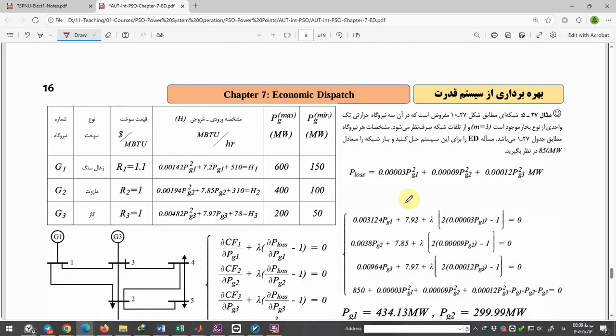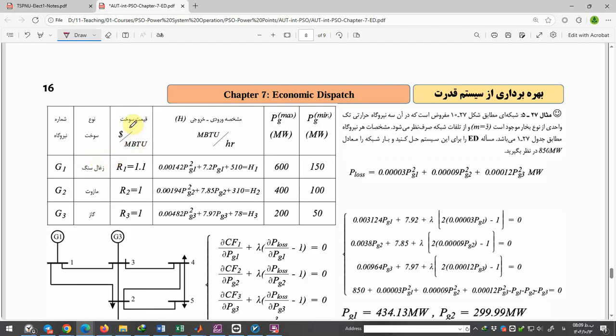Another exercise is about the last scenario we discussed, the P loss or loss of networks. We have three power plants G1, G2, G3. The fuel is gas, mazout or coal.